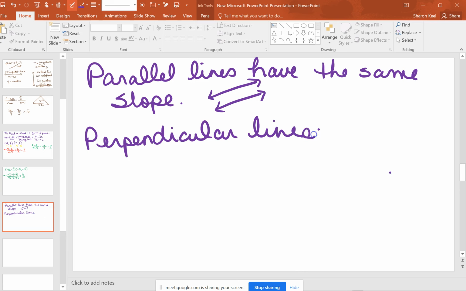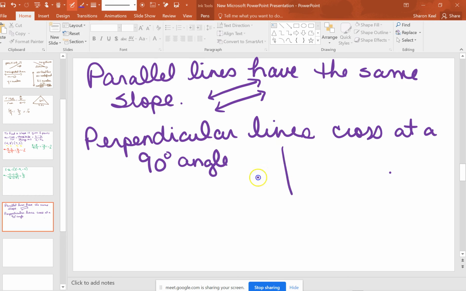Perpendicular lines cross at a 90-degree angle. In other words, it's like an intersection where they intersect at 90 degrees. Now, it could still be turned away and be perpendicular because it's still at 90 degrees.